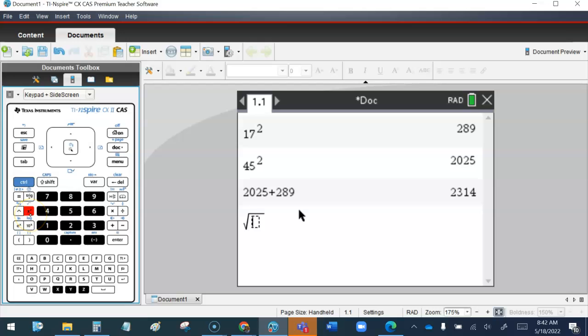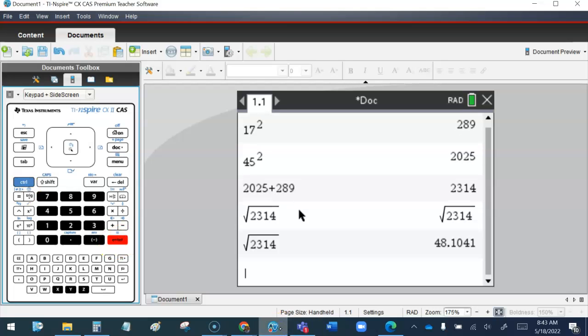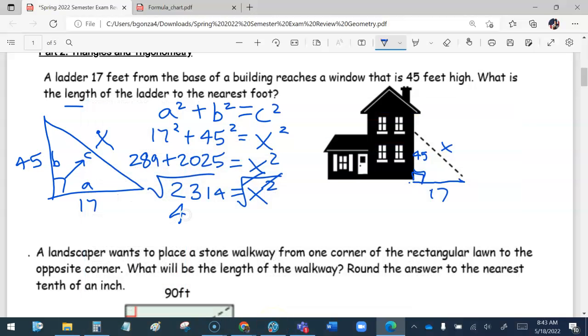Square root, second x squared, 2314. 48.1. So we'll write that down here. And that's in feet. Cool.